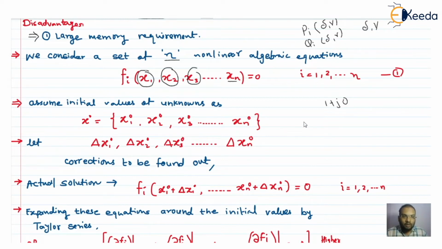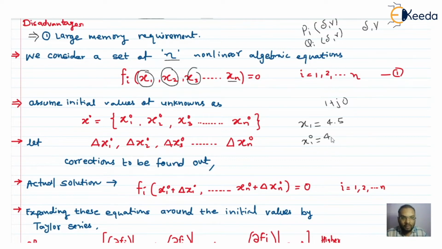For example, if x1 has the exact value 4.5, just as an example, and initially we assumed x1 naught is 4, then definitely if I add something to this value, that would give me the exact solution.